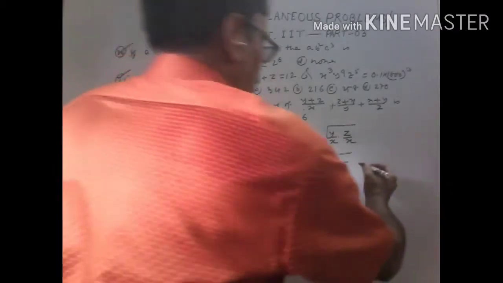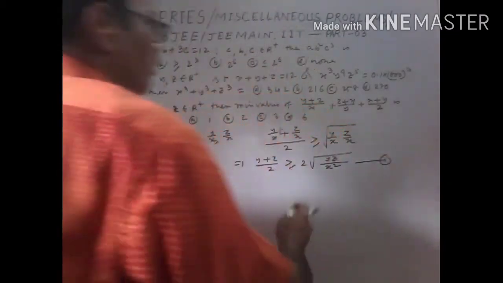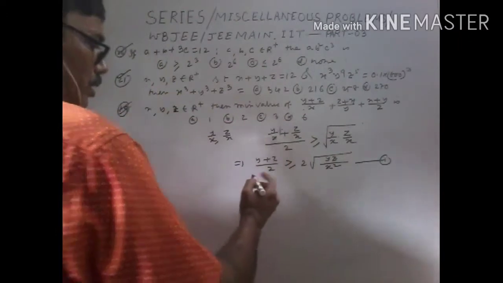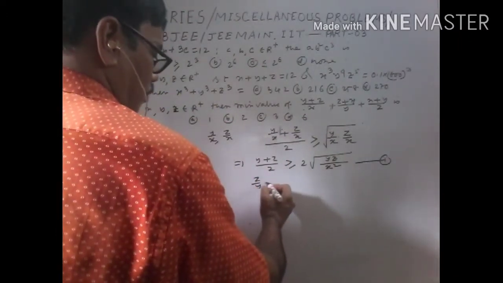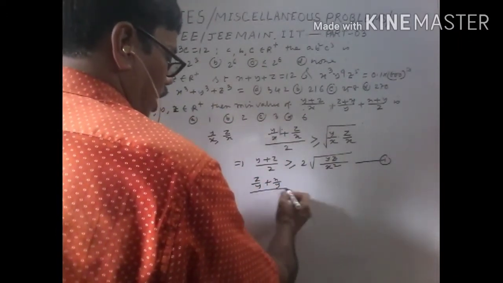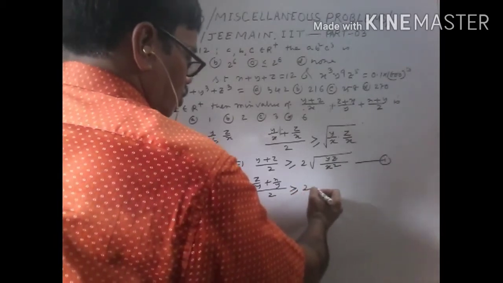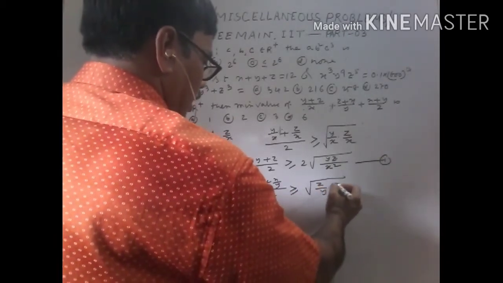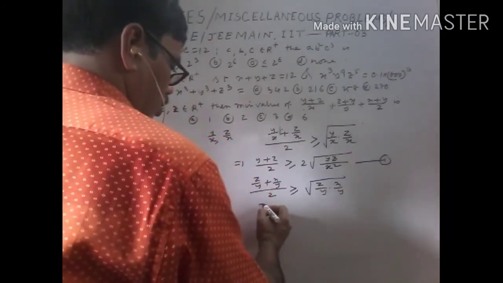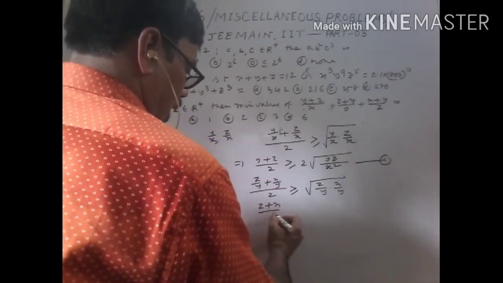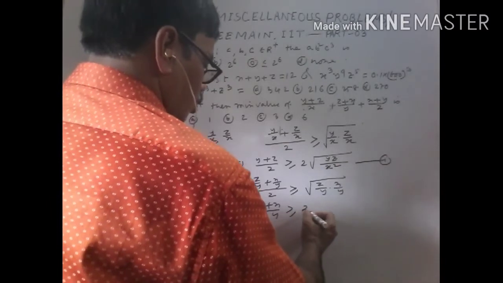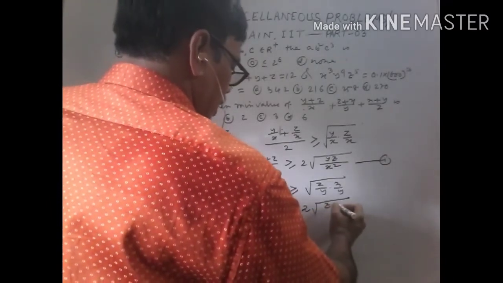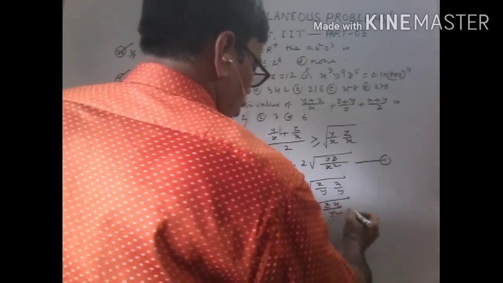So call it 1. Similarly for the second one, z by y plus x by y by 2 is greater than or equal to root over z by y into x by y. So z plus x by y is greater than or equal to 2 into root over zx by y square.